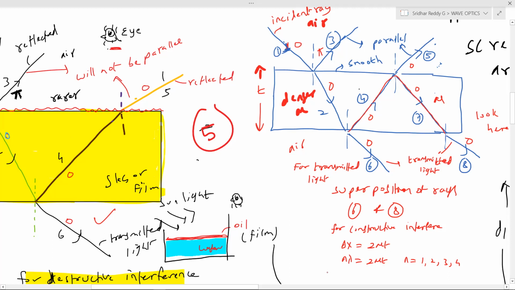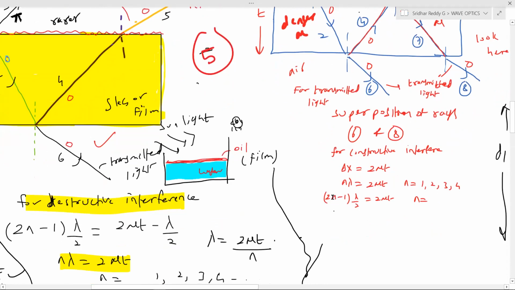Now, similarly for destructive interference, let me write the equation. Path difference 2 mu t should be equal to (2n minus 1) lambda by 2, where n equals 1, 2, 3, 4.